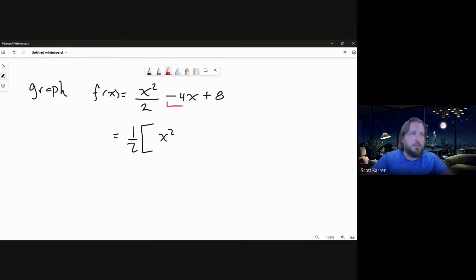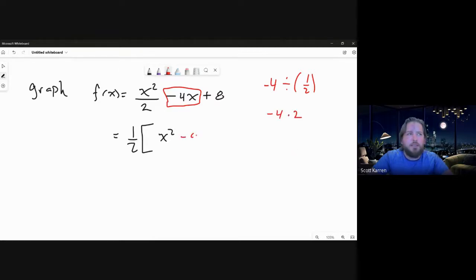So that is to say -4x gets divided by 1/2, right? Which is not 2, right? It's -4 divided by 1/2. But when you divide by a fraction, you're going to flip it and multiply, right? So this is -4 multiplied by 2.